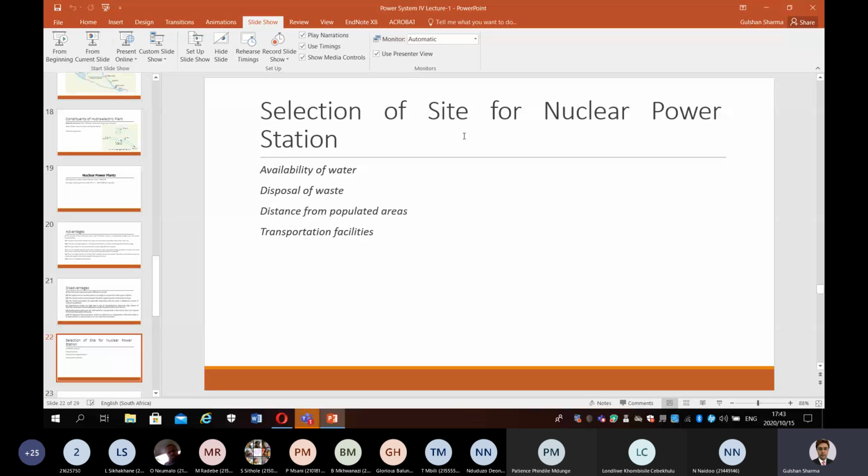The third point, guys, is distance from the populated area. The site selected for a nuclear power station should be quite away from the populated area, because in case there is some radioactive emission, with radiation escaping from the plant, it will be very difficult for humans, animals, as well as the environment.